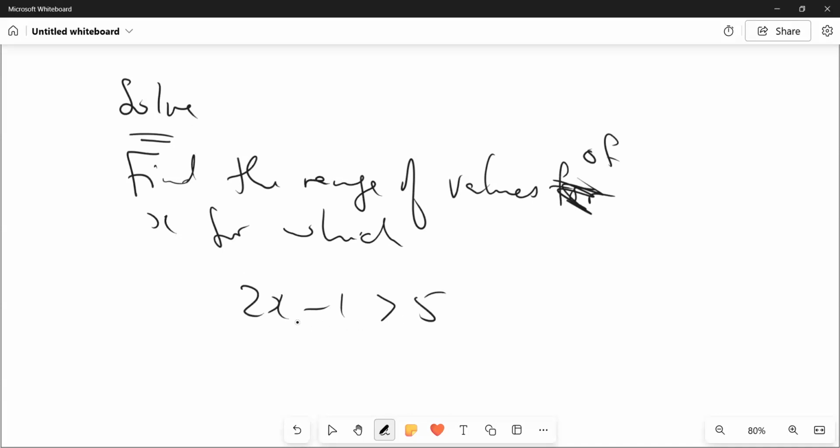The reason they're talking about a range of values is that it's not one value that it can take on. I'll explain just now.